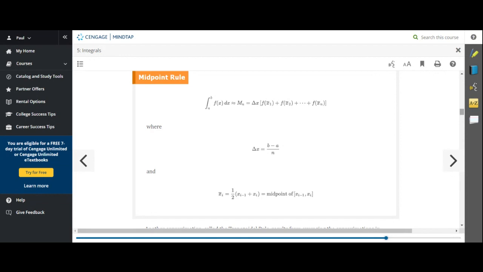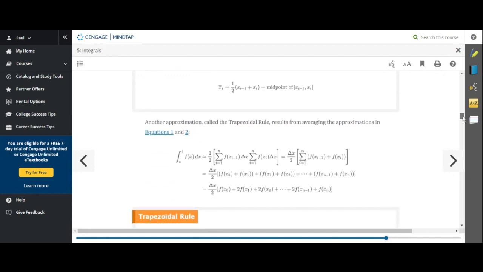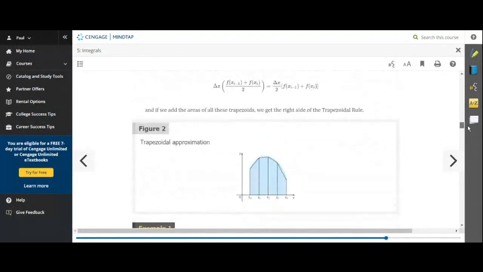But yet there's another way that we can approximate the area under a curve. We can inscribe trapezoids. Okay, and that's what they have here in figure 2, a trapezoidal approximation. So here again, you have 4 subintervals, and for each subinterval, you're constructing a trapezoid. Now we use trapezoids because we can find the area of a trapezoid.